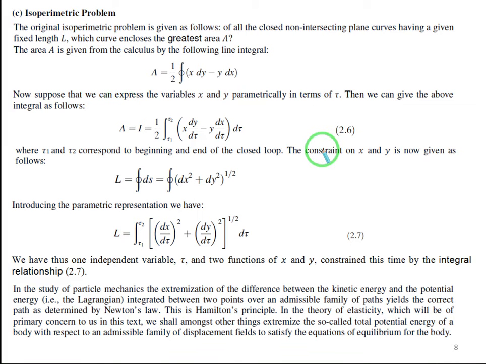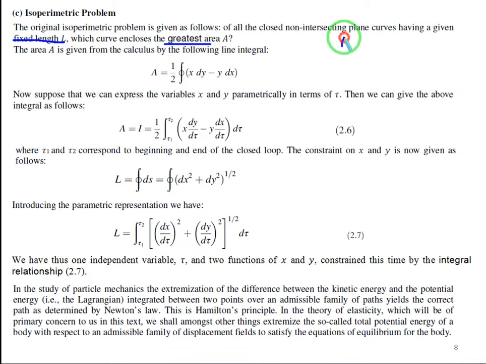Let's first speak about the problem. The problem is to find an equation of a curve with a fixed length L, which has the greatest area.